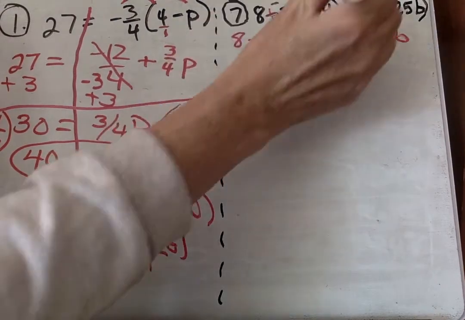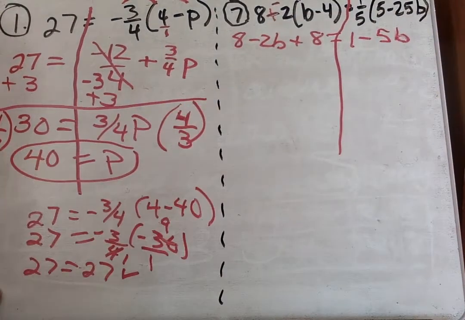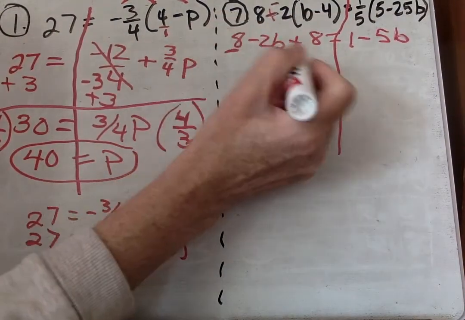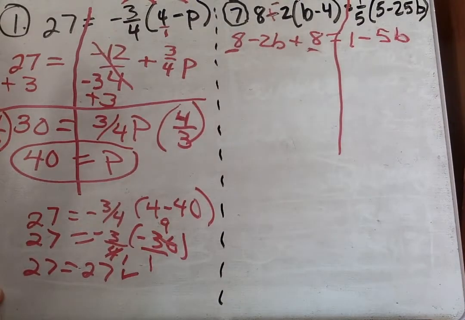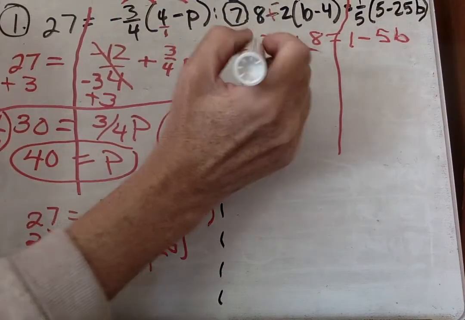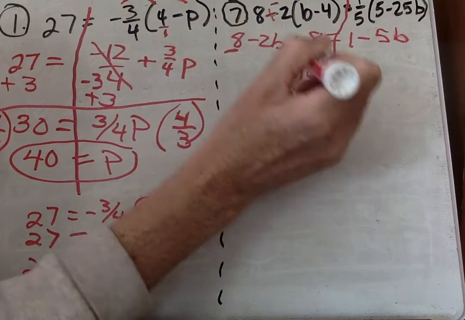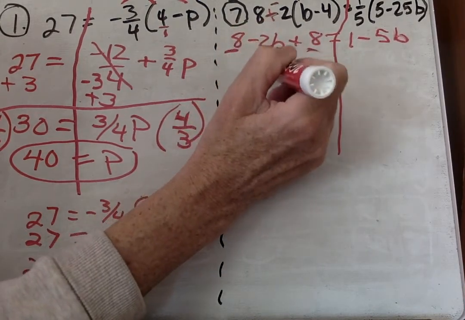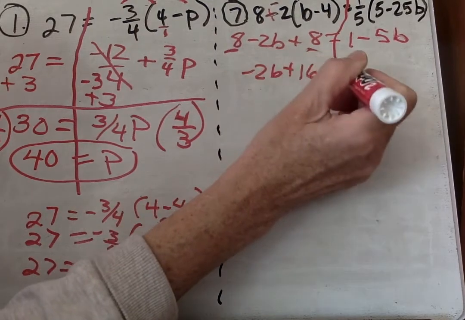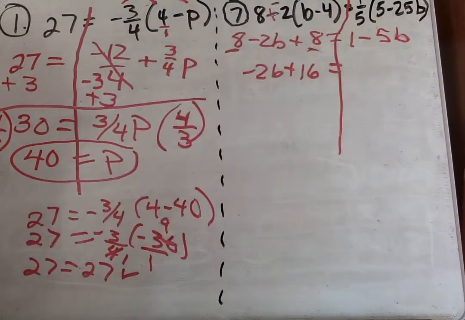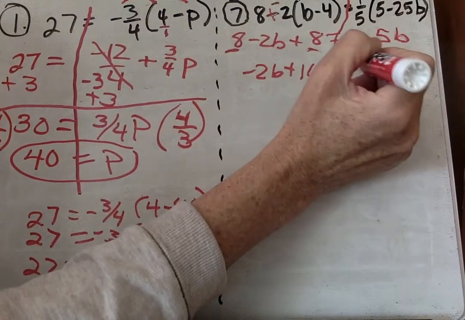Okay, and again I should draw the line back there. Now I see this is on the same side of the equation, so I can say 8 plus 8 is 16. So I'm actually going to put that second and put the negative 2b first. And it equals the same thing there. Okay, so maybe I will just rewrite it.